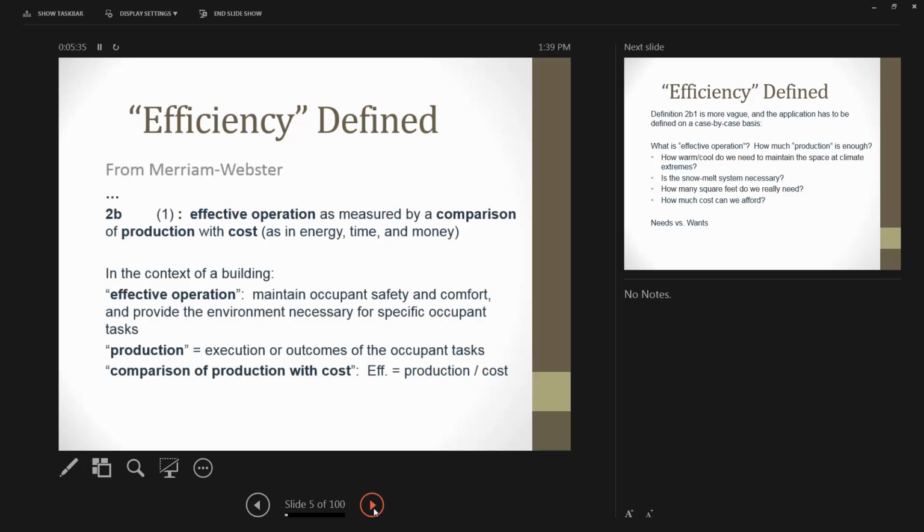Again, we'll talk more about this when we get some case studies in a few weeks, but we always want to use the highest efficiency equipment possible, but it doesn't necessarily mean that because something is 90% efficient, it uses less energy. It just means that 90% of the energy it uses goes towards heat or cooling.